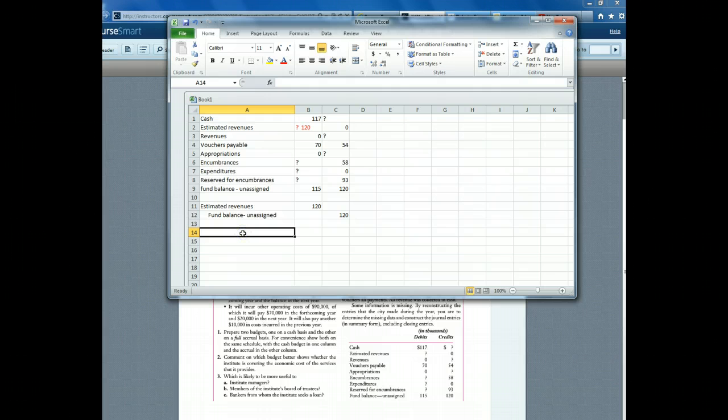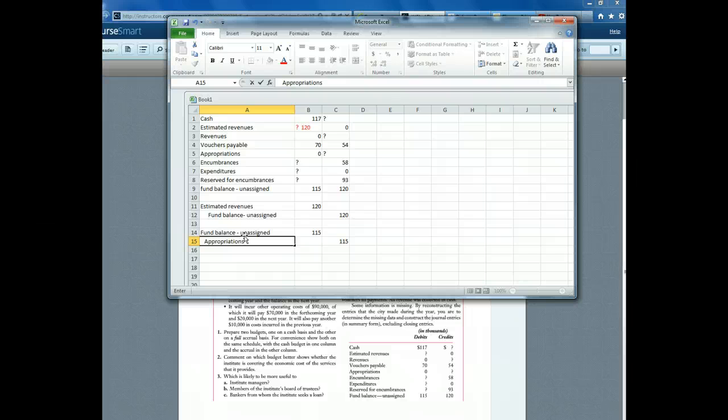If we know that we've got a debit to fund balance of 115, well, that must mean our appropriations are going to be 115, right? Because they always go together? In a perfect world, the way they're trying to make us do is think harder. We're not thinking harder, because they're giving us debits and credits.